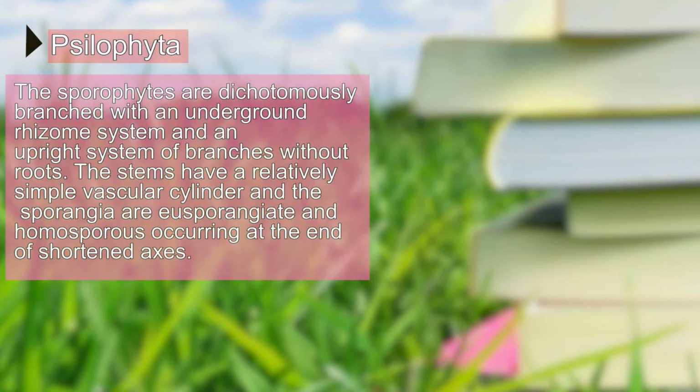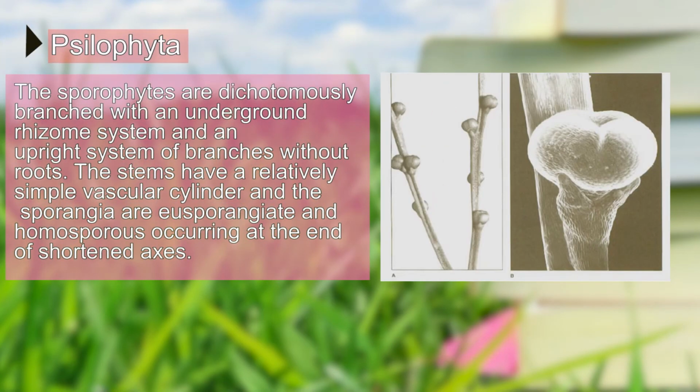Coming to the next one, Psilophyta. Here also it is dichotomously branched and the stems have a relatively simple vascular cylinder. The sporangia are eusporangiate and are present at the end of a shortened axis. You can see that it has a shortened axis which bears the sporangia.